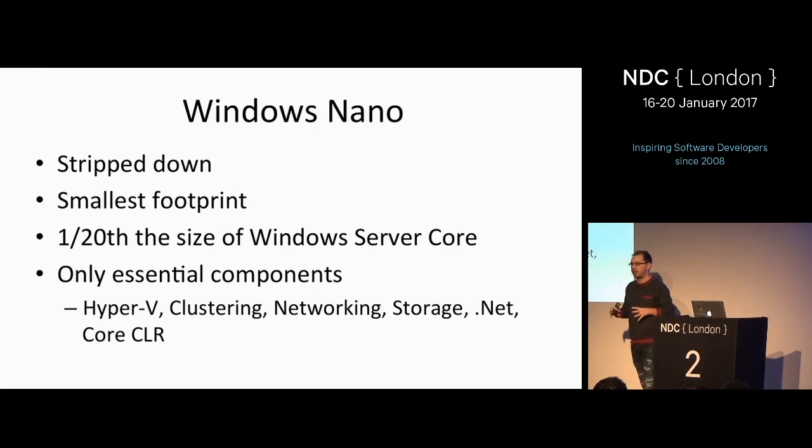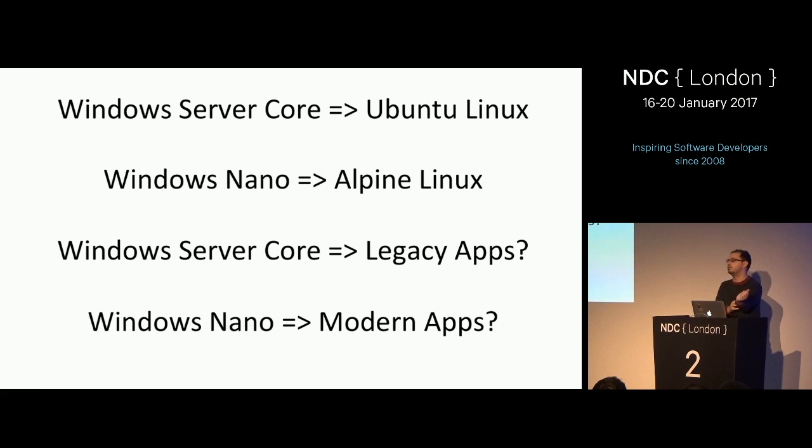Everything has been really stripped down. It's come down to the core, the key components of what makes up Windows, i.e. networking, storage drivers, the .NET core CLR framework itself. And as a result, it's a 20th of the size, it's much more lightweight, it's much easier to deploy. But as a result, it doesn't support every scenario, every application.